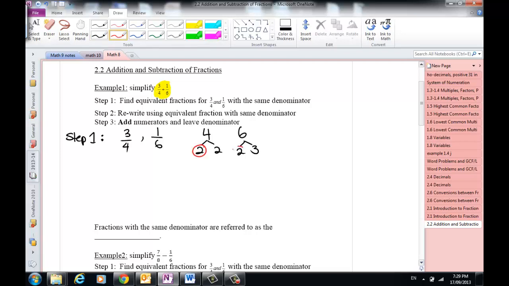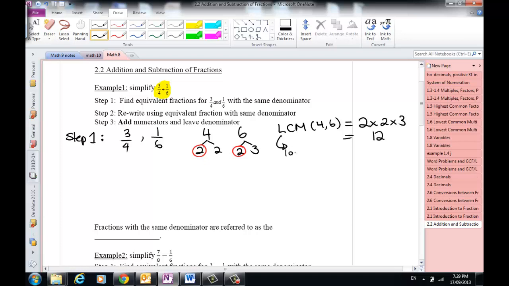Well, they have a 2 in common, and then we have the leftovers. So the lowest common multiple of 4 and 6 is 2, we take 1 for the pair, and then we take the leftovers, which happens to equal 12. So our lowest common multiple, which in this case is also called our lowest common denominator, will be 12.